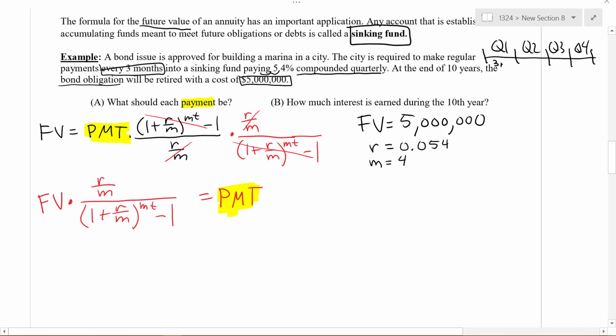Quarters are 3 months each, so the interest is getting calculated every 3 months as well. So m is 4 because we're talking about quarterly. All right, what else do we need? We need t. We're doing this for 10 years, so our t value is 10 years.